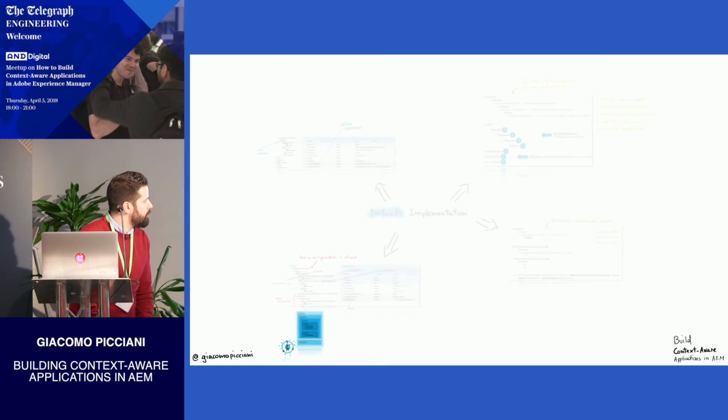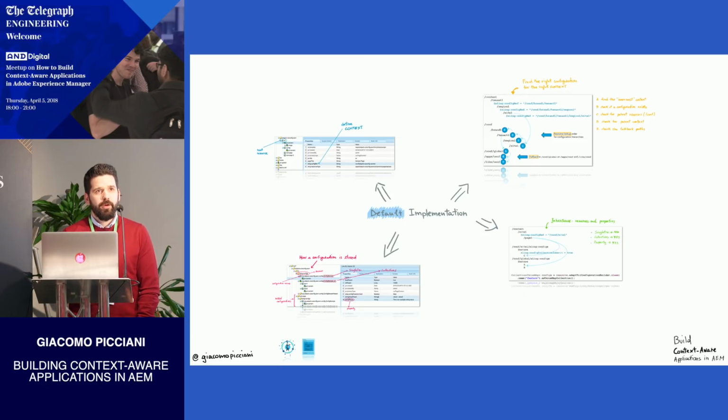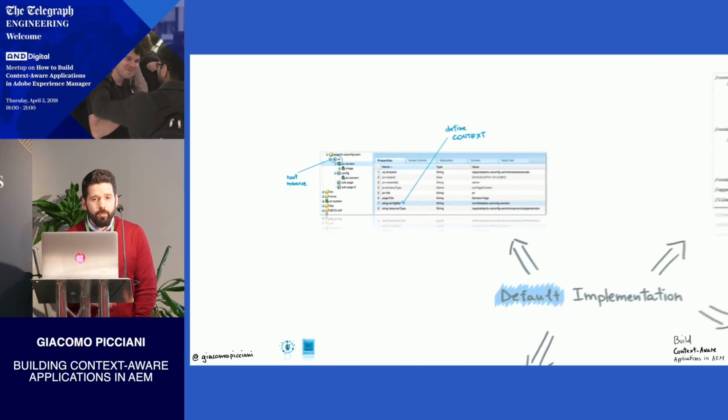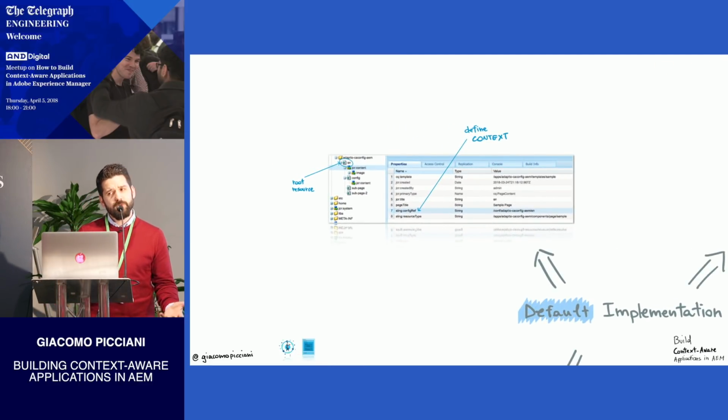The default implementation provided by this module that you can find in AEM provides four capabilities: define a context from a content, find the context, store the context, and there are also some inheritance capabilities. When we say define a context, it's pretty easy.